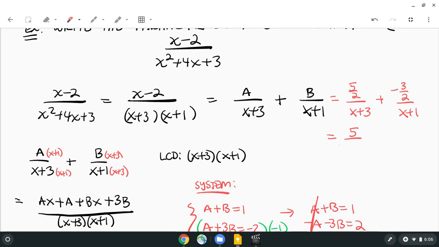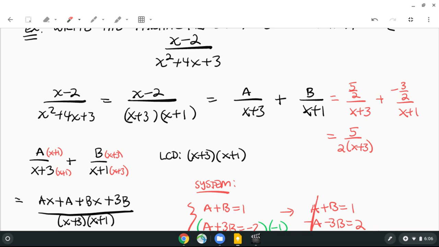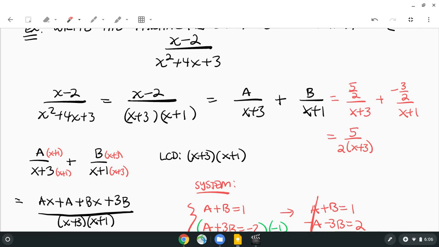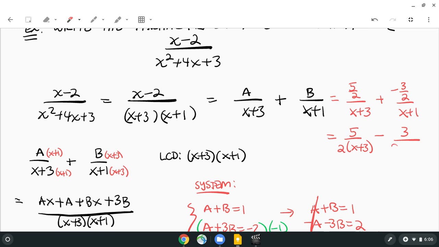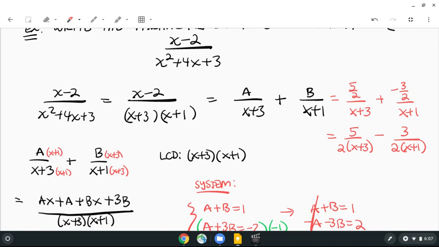And you don't have to say plus negative 3, you can just say minus 3. And also bring that down below. So this is how you're kind of expected to write the answer. Just like this.